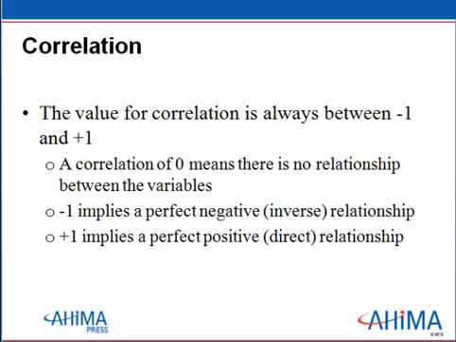The closer r is to 0, the weaker the relationship. -1 implies a perfect negative or inverse relationship, while +1 implies a perfect positive or direct relationship. Chapter 10 shows 3 sample scatter diagrams, one showing a positive relationship, one a negative relationship, and one showing no relationship. You can go ahead and look at those if you'd like, or wait till we get to the next lecture.